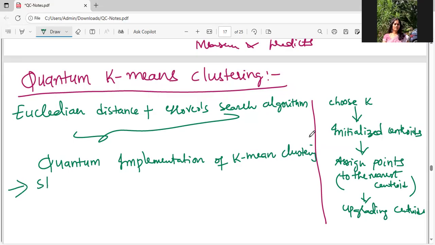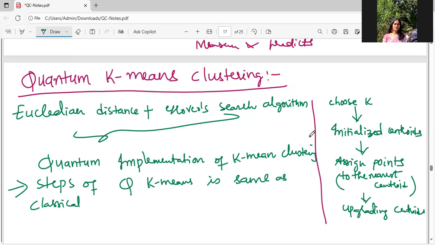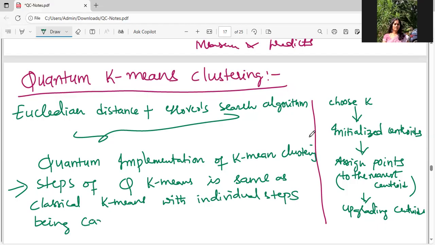I will write here: steps of quantum k-means are the same as classical k-means, with individual steps being carried out on quantum routines.